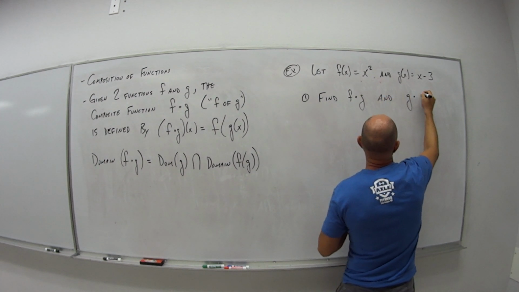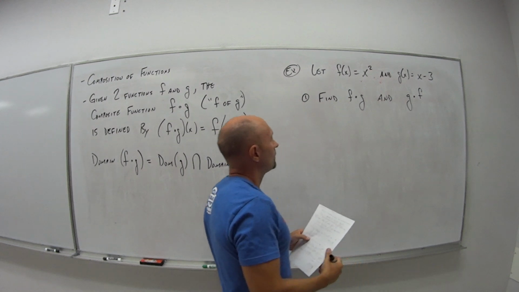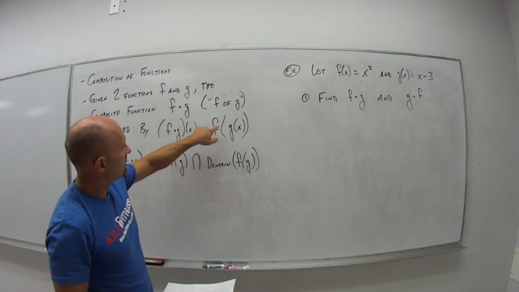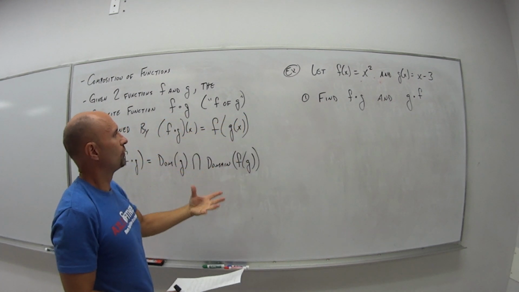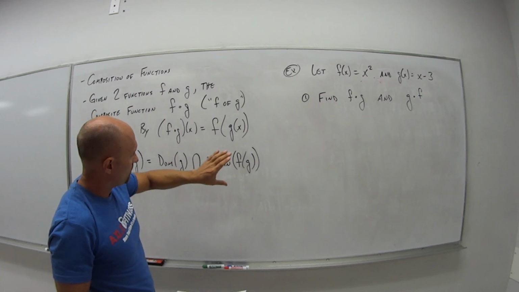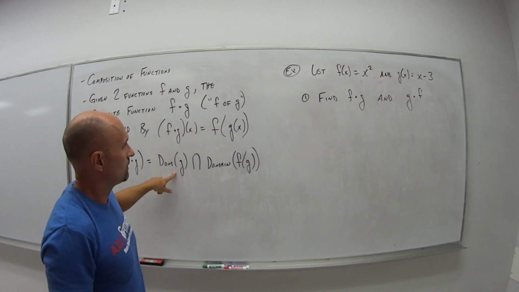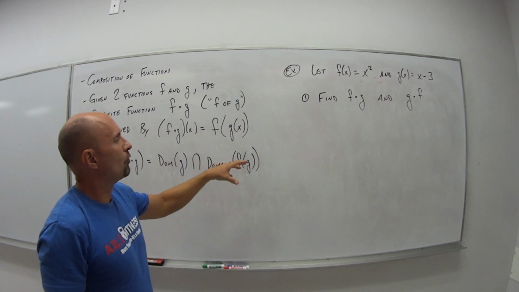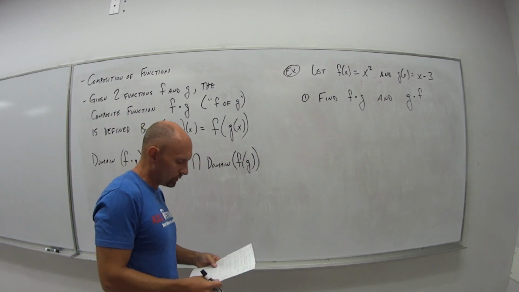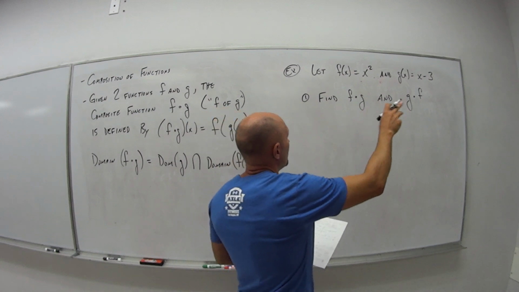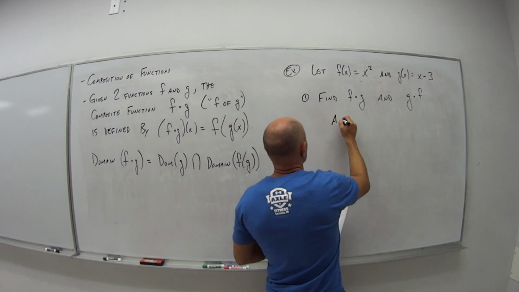Find g of f. That would be g of f of x. And so the domain would be the domain of the composite function with the domain of g. So whatever function is going inside, that's the domain we're worried about. So find these two and their domains.